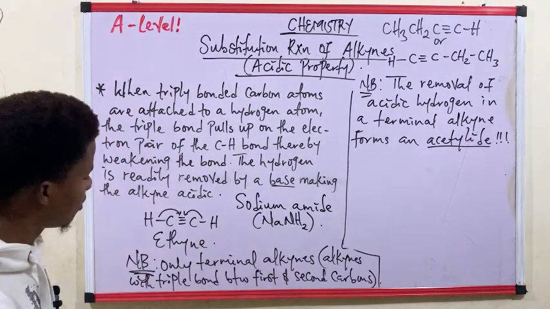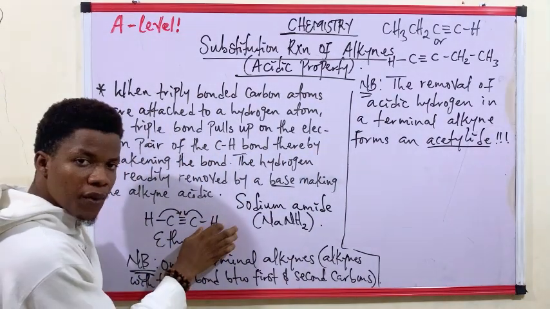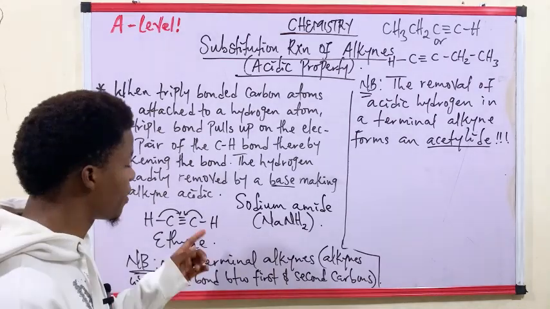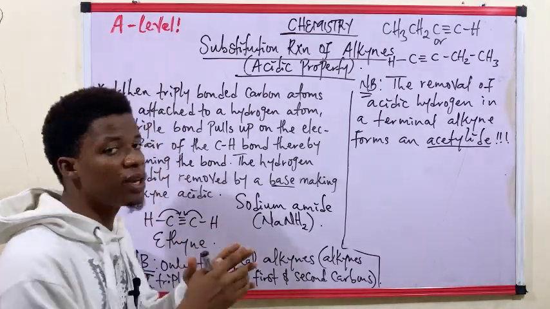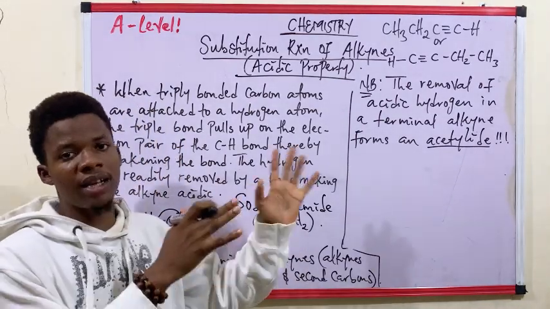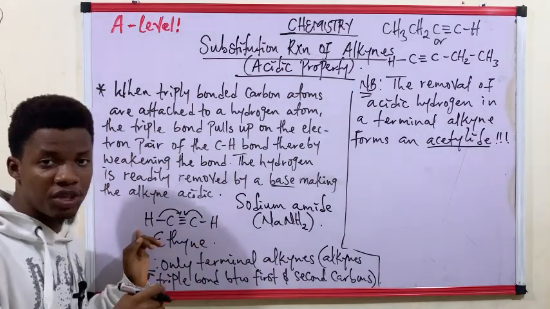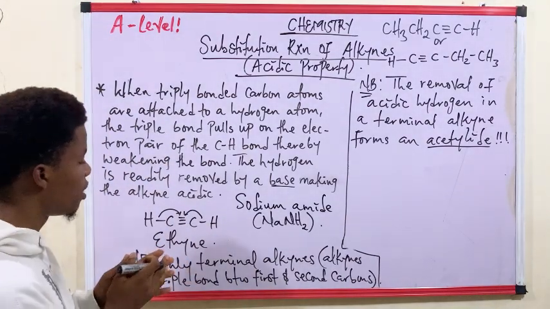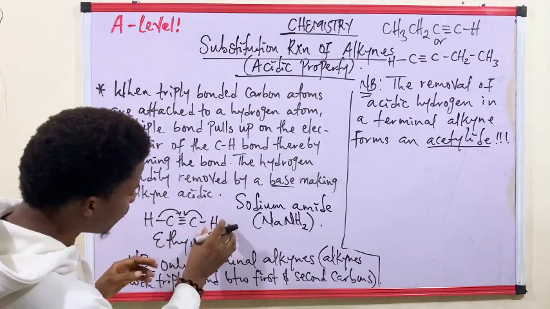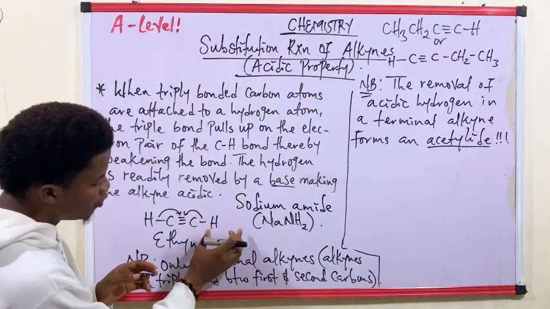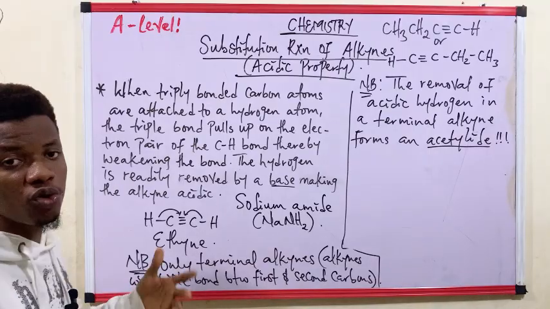So when this hydrogen is removed, now remember, it's not just going to be empty, right? Something will take the place of the hydrogen. We are going to go into that in just a moment. Something is going to take the place of this hydrogen, or this hydrogen, any of the direction we want to use.